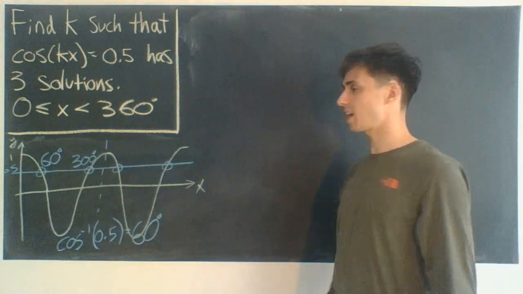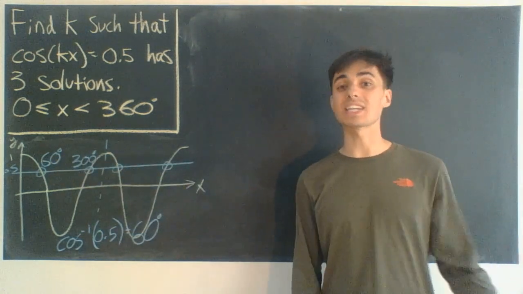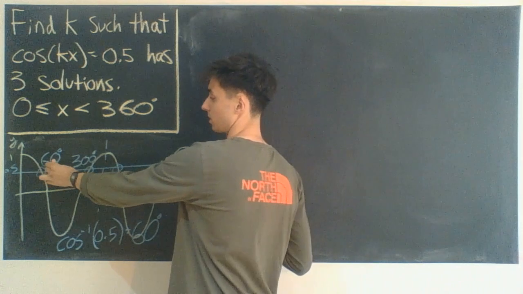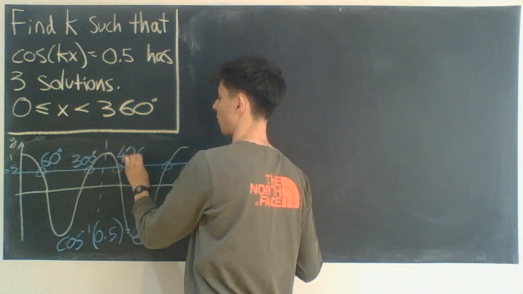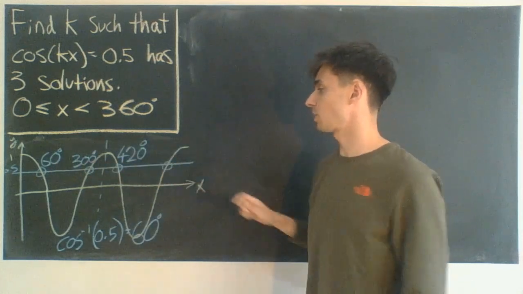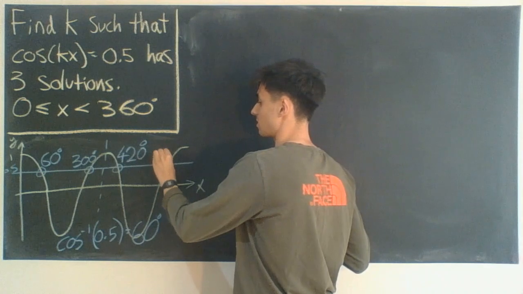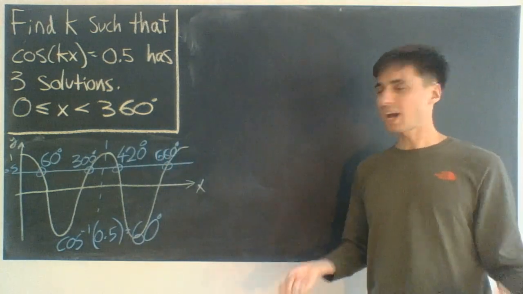We can then find a second set of solutions by adding on 360 to each of our previous ones. So 60 add 360 should get us 420, and then 300 add 360 should get us 660 degrees.